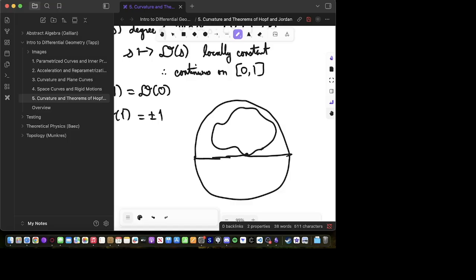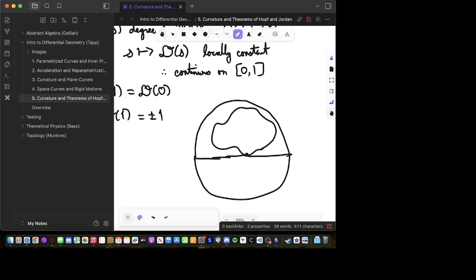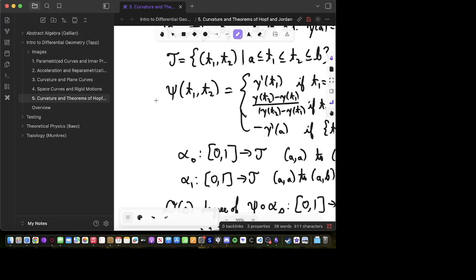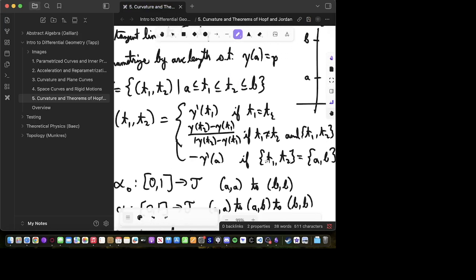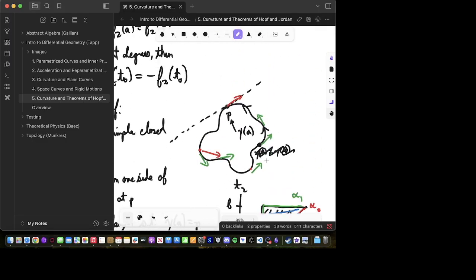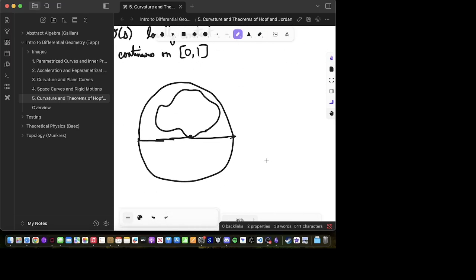What are we doing when s is equal to 1? Well, first we go from (A, A) to (A, B). So it starts off with both points at A, and then one point is kept at A while the other moves to B. So one point is here, and the other point moves all the way here.